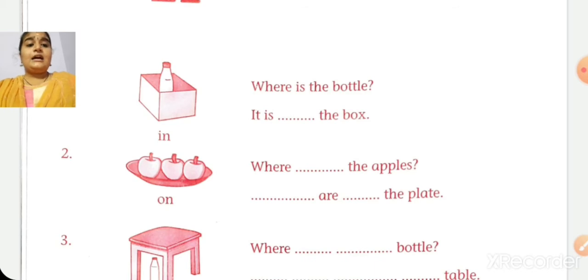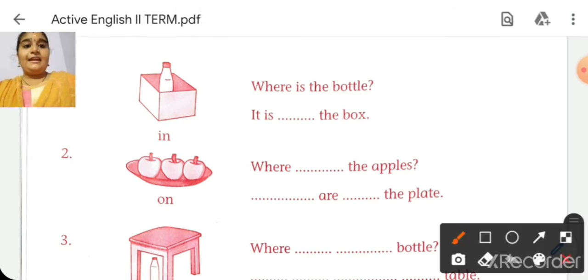Where is the bottle? It is in the box. Where dash the apples?